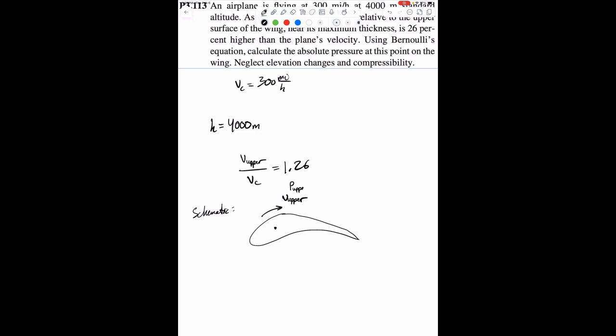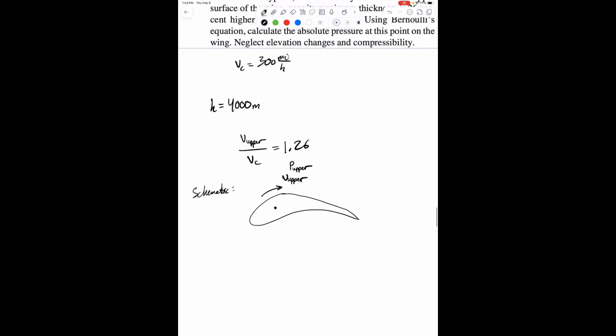So our aircraft is flying into the wind at 300 miles per hour. But the logic is that this is the same effect: you flying into the wind at 300 miles per hour is the same as the wind blowing into you at 300 miles per hour. That's how wind tunnels work. So therefore, we can represent the flight of the aircraft as incoming wind. So we have VC coming in, which is associated with PC.